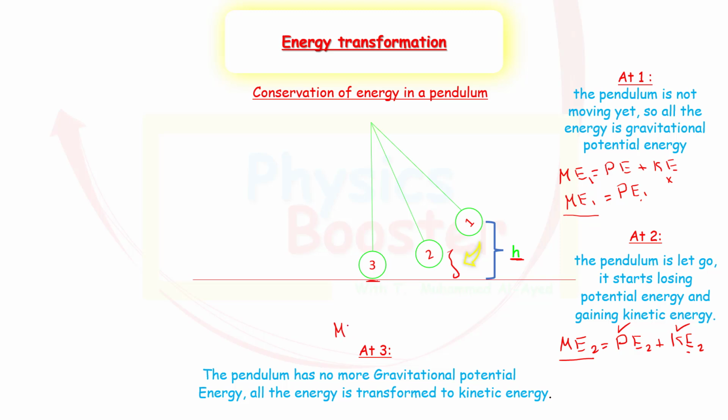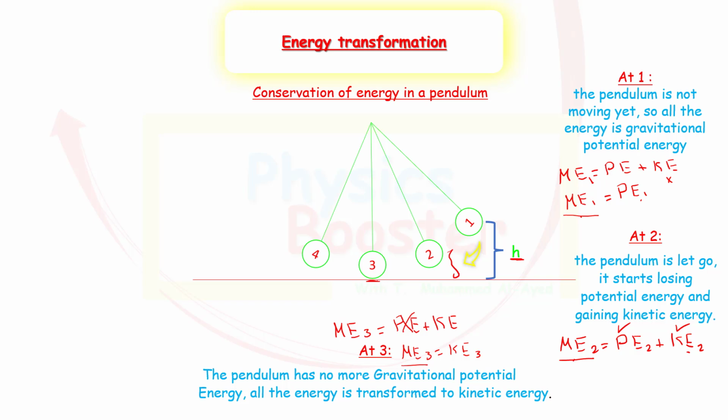So the mechanical energy at 3 is potential energy plus kinetic energy, and since we have no potential energy, the mechanical energy at location 3 is equal to the kinetic energy at location 3. Again, mechanical energy at 3 is equal to mechanical energy at 2, and it's equal to mechanical energy at 1, because mechanical energy is conserved.